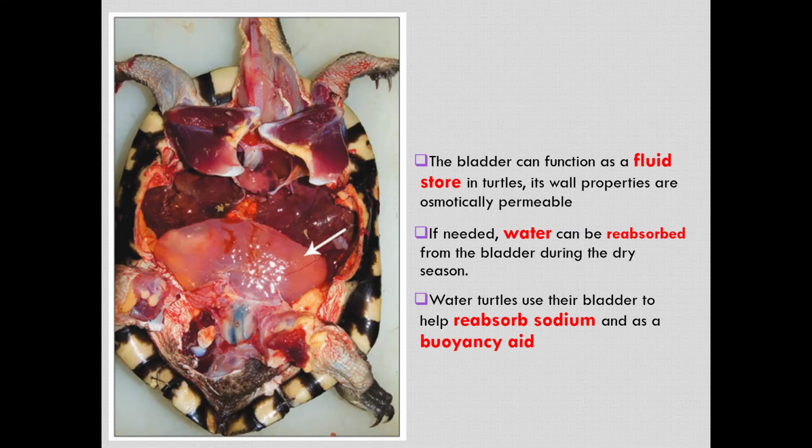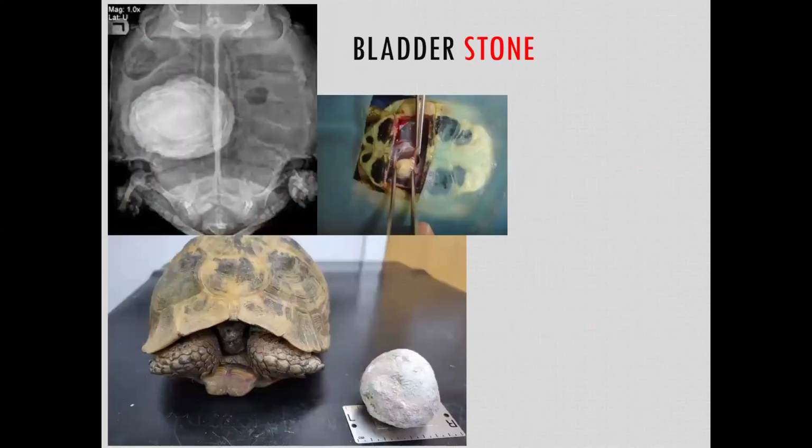And then in some species they can reabsorb their fluid from the bladder during the dry season. And water turtle can usually reabsorb the sodium from their gallbladder, and it can also use it as a buoyancy aid if the freshwater turtle wants to swim or dive.